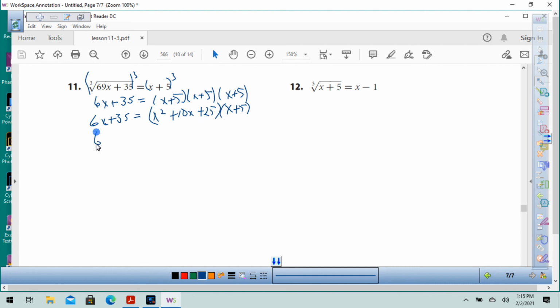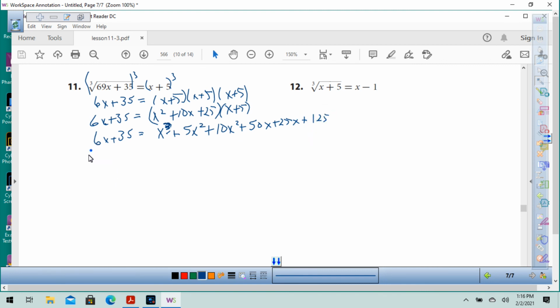And then let's see, 6x plus 35 equals x times x, that's going to be x cubed. Make sure I can read that later. X cubed, and then plus 5x squared, and then plus 10x squared plus 50x plus 25x plus 125.